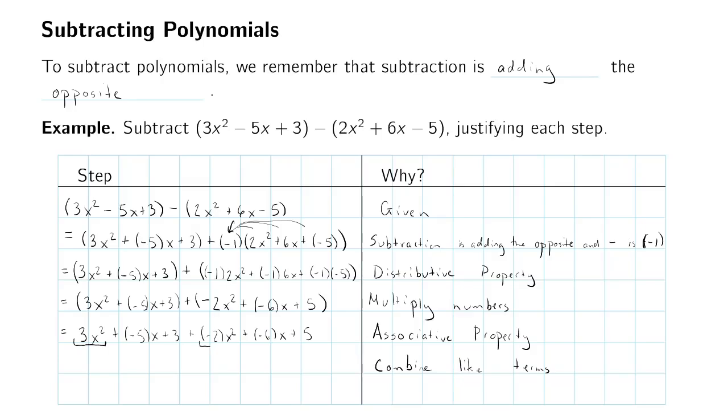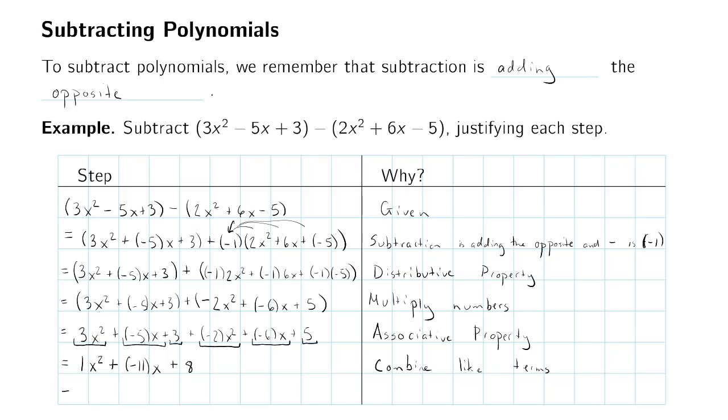But we have x squared terms, +3 plus -2 will have 1x squared. Plus, we have a -5x plus a -6x is going to be -11x. Plus, we have a +3 plus a +5. So that's going to be +8.